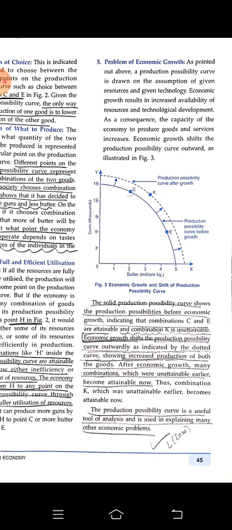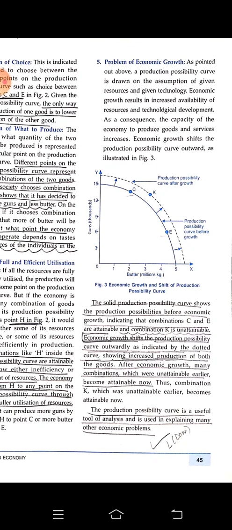As they increase the production of both, the production possibility curve will show an outward, rightward shift, and then we will be able to attain point K. As we attain point K, there will be an increase in production, more flow of goods in the market, and the standard of life and the profit for the producers will also increase.